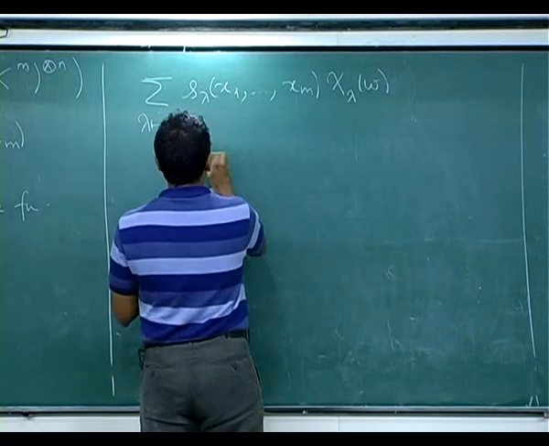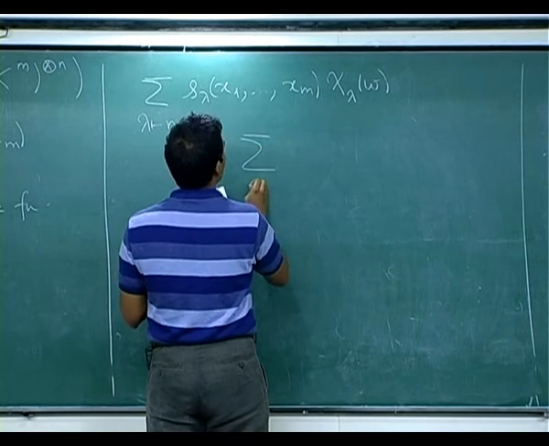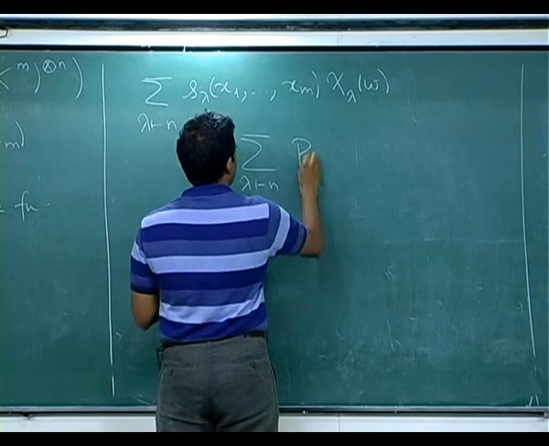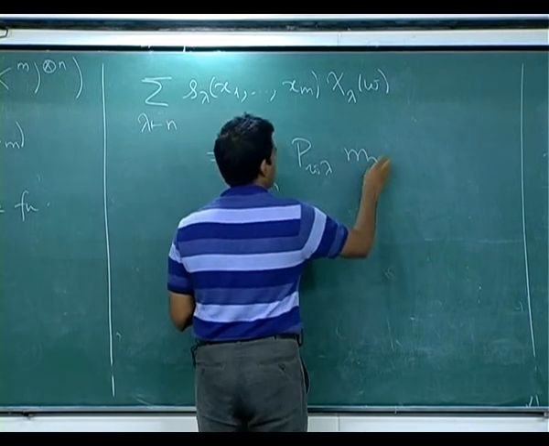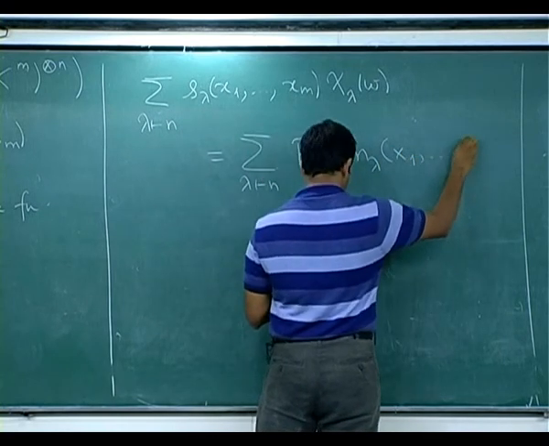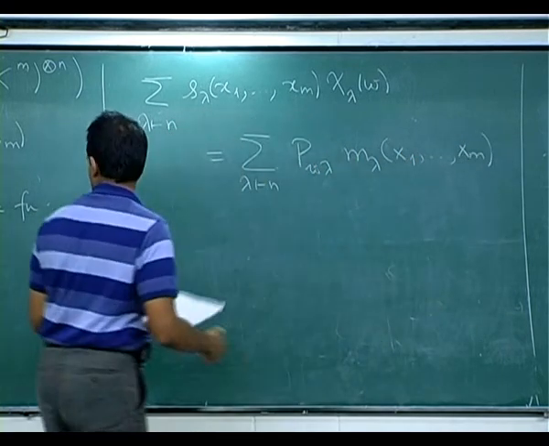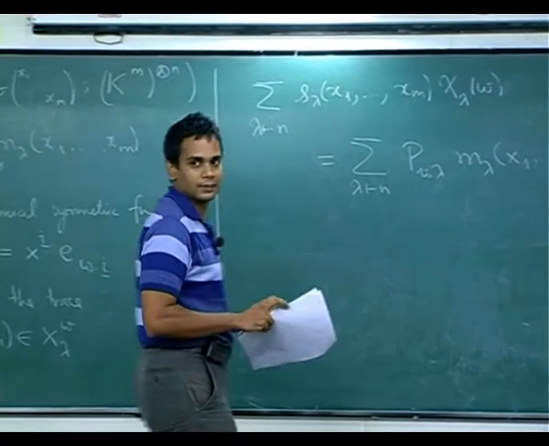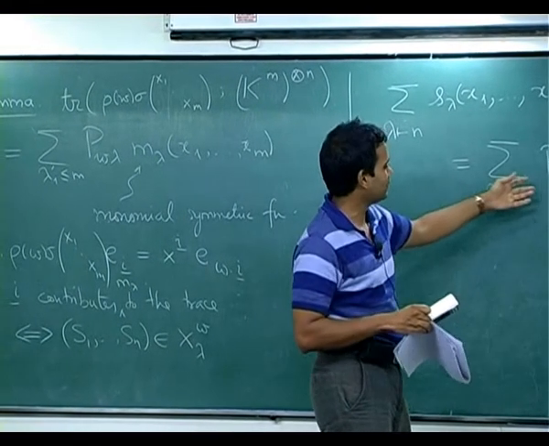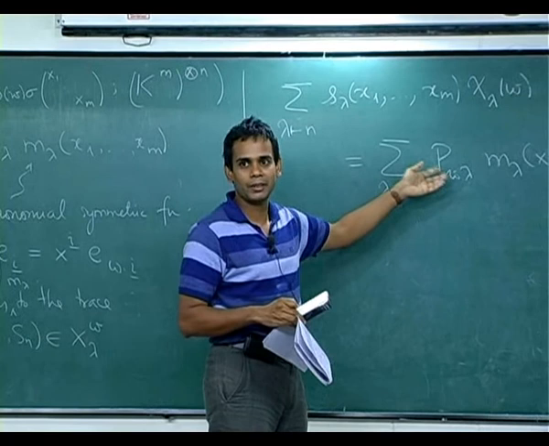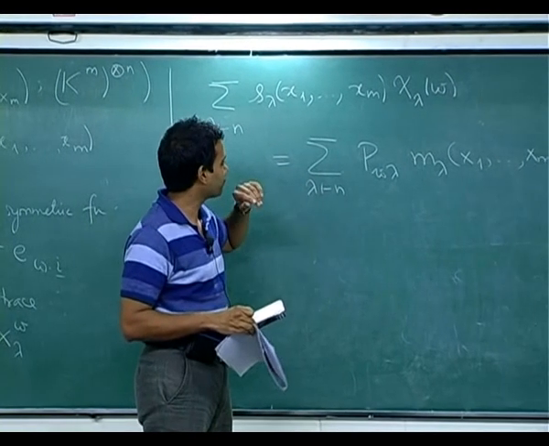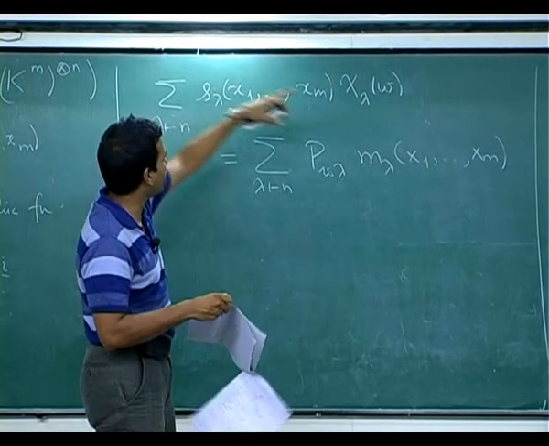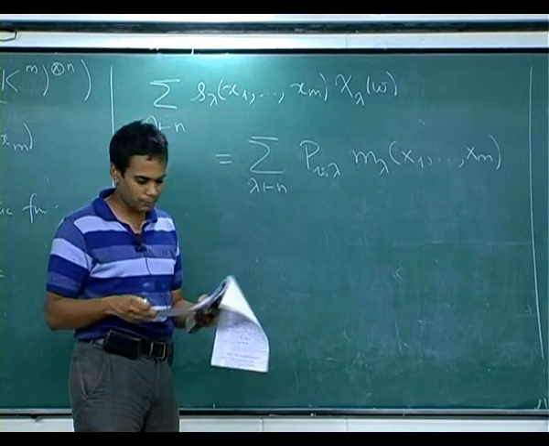This is equal to the sum over lambda of p_w lambda times m lambda of x1, ..., xm. So this is again the same expression as here. We had proved this in one of my earlier lectures on symmetric functions. I won't do the proof again. This is the only fact that we'll use from the theory of symmetric functions.